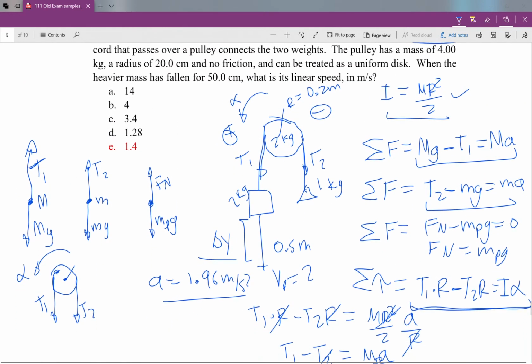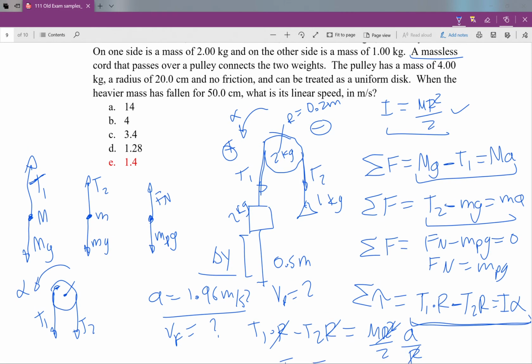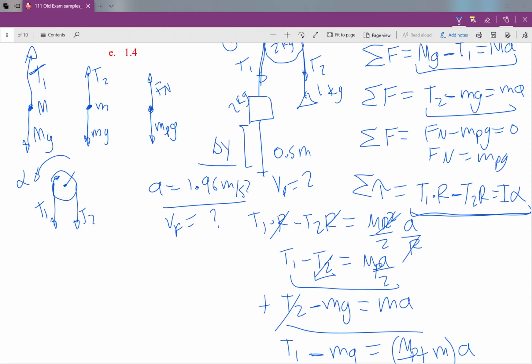We have the final velocity, right? I mean, common sense, V final has to be 0. Oh, I'm sorry, no, it can't be, because that's what we're trying to find. But we do know V0. V0 is just 0 meters per second.